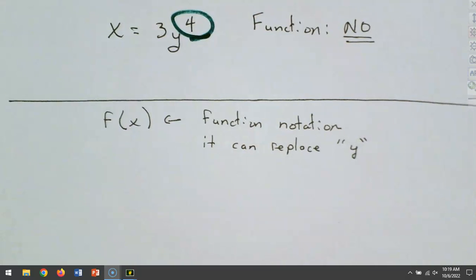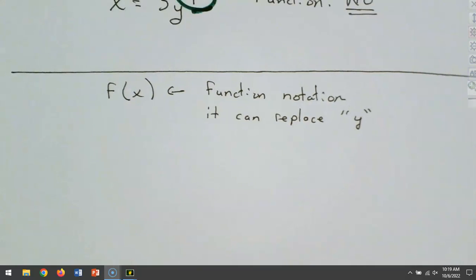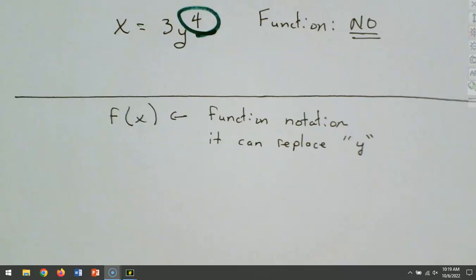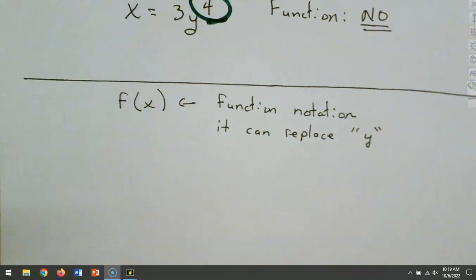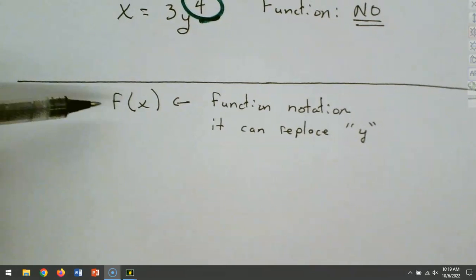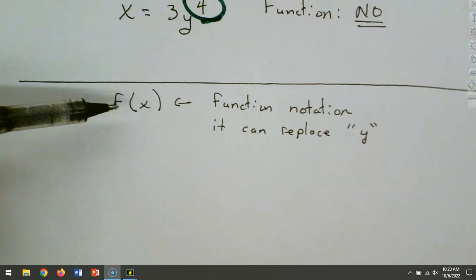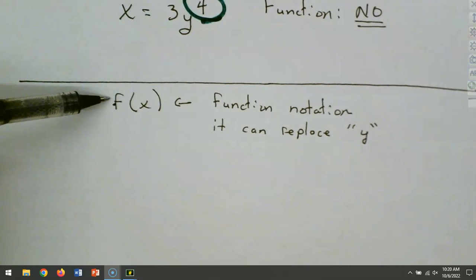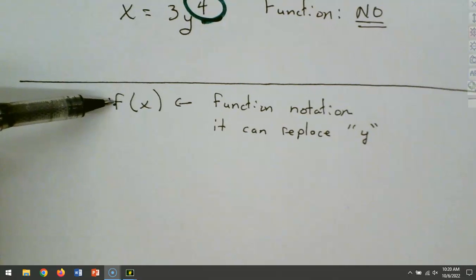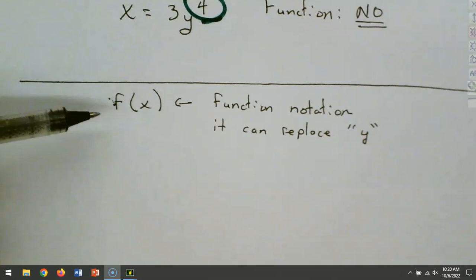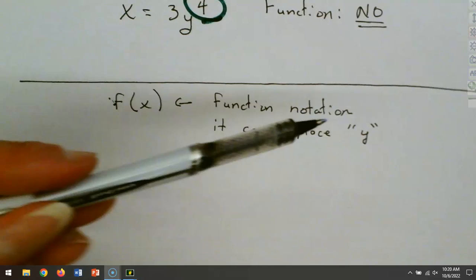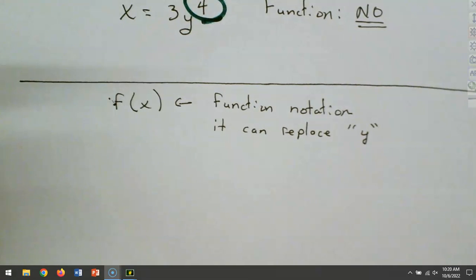So a lot of times we can replace y with function notation, and this is read f of x. We can use function notation to replace y because a lot of times this might be more convenient to use. So f of x or g of x or any other function of x can replace the y. It just makes it sometimes easier to work with.